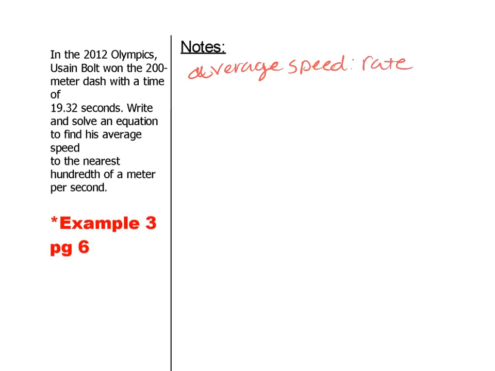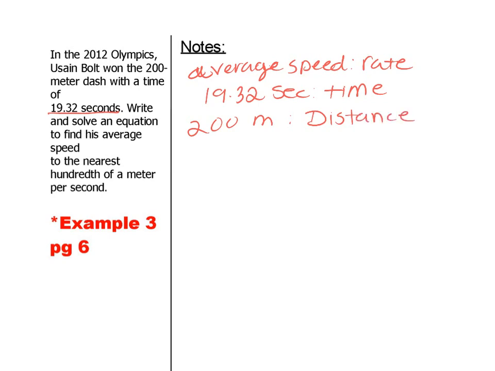What do I have that is pertinent or important information? Yeah, I've got a time. What else is important? 200 meters. Yep, 200 meters is the distance. Well, I have a distance, and I have a rate, and I have a time.